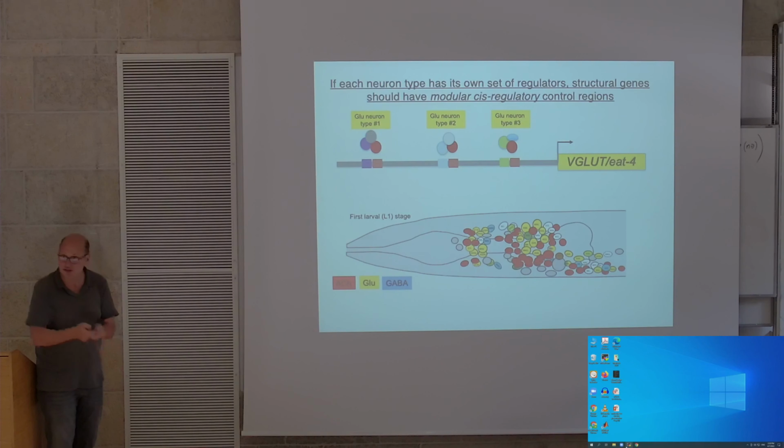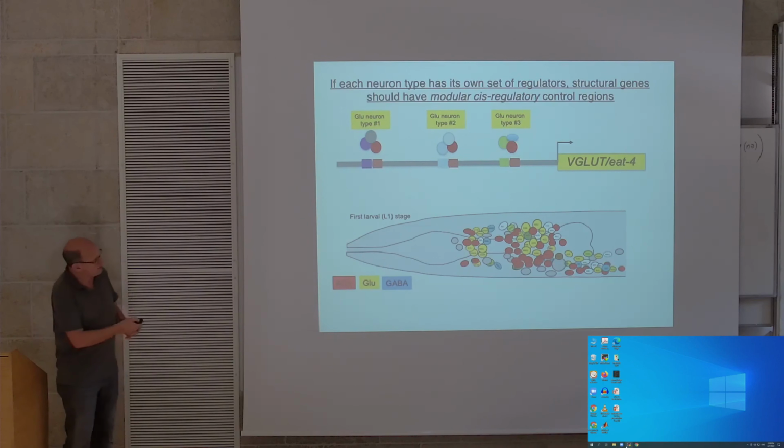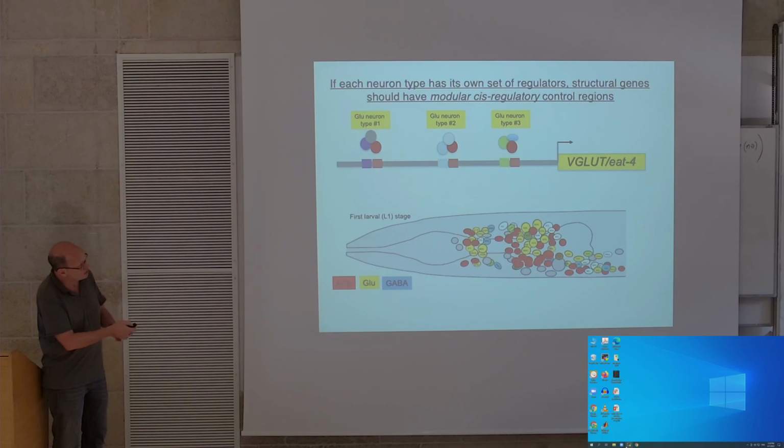And if this were really true, you can experimentally test that. And in C. elegans, you can very easily test that by taking that gene, this locus, this non-coding region, you fuse it to GFP, and then you mutate these predicted binding sites for these different combinations of transcription factors, and you should now see loss of V-glut expression only in very select neuron classes.